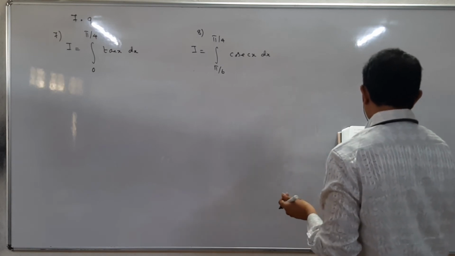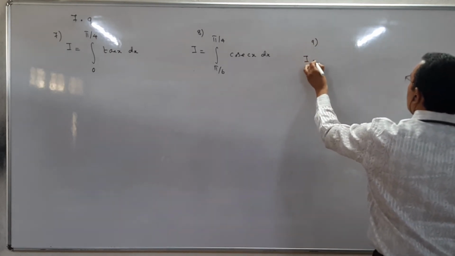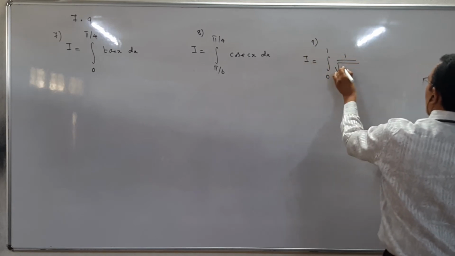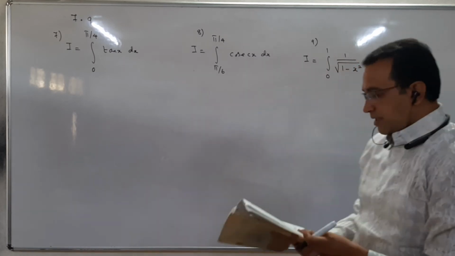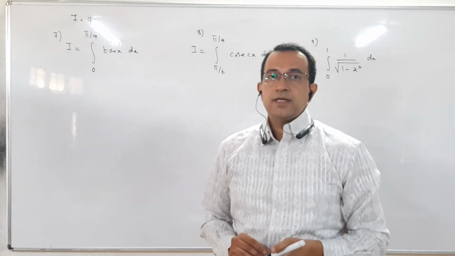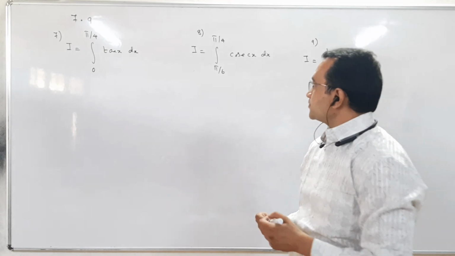Okay. And question 9. I is equal to integration 0 to 1 upon under root 1 minus x square dx. Okay, students, let us do these three sums.